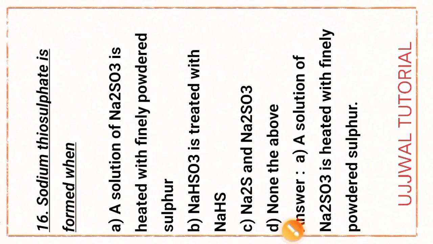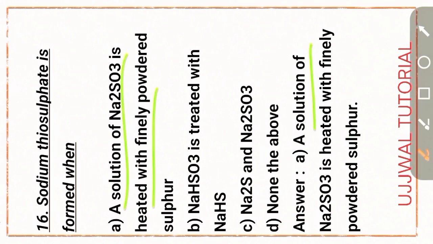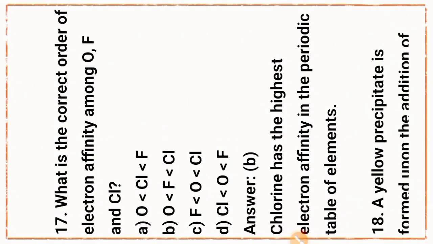Next question, question number 16. Sodium thiosulfate is formed when option A, a solution of Na2SO3, sodium sulfite, is heated with finely powdered sulfur. Okay. Question number 17.